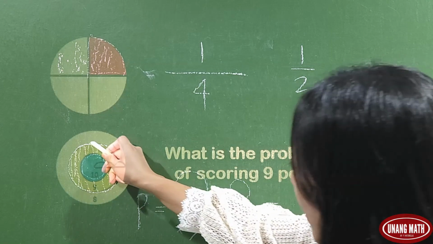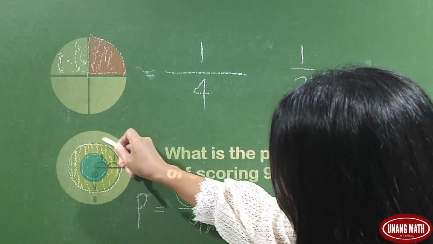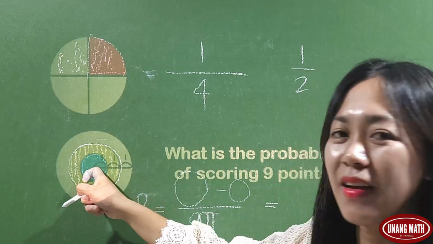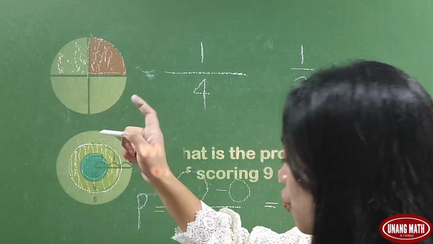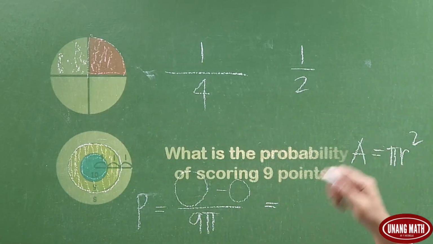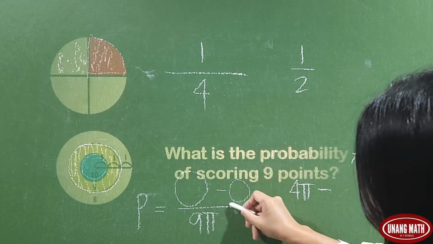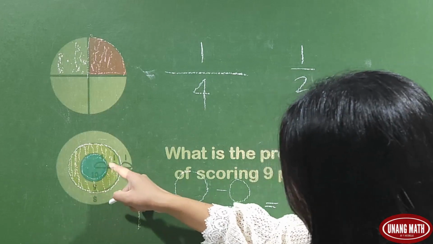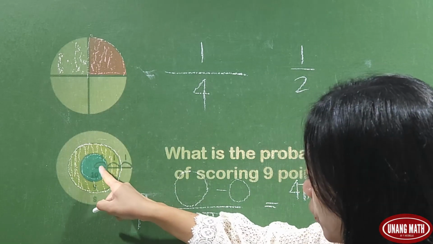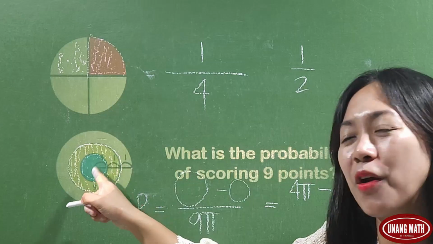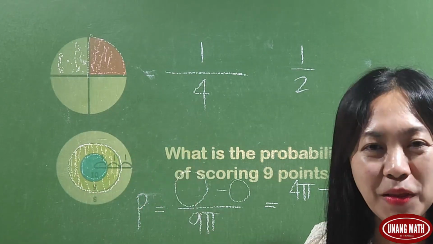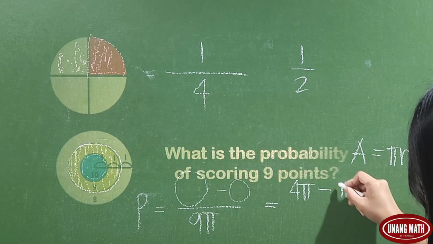So, the area of this bigger region would be, radius is 2, so 2 squared is 4. 4 times pi, that would be 4 pi. Minus the area of this smaller region. So area would be 1 times pi, or 1 squared is 1. 1 times pi is pi, so this is minus pi.